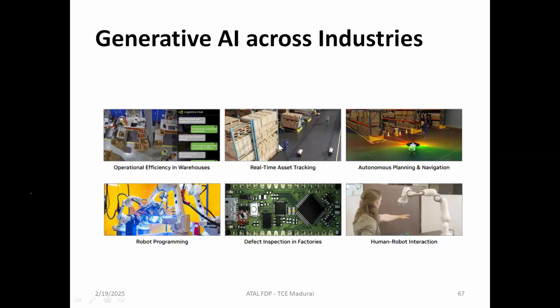If they would like to track any product or asset, they can make use of drones to capture the data here. Like this, we can make use of the transformer and Gen AI vision transformer for autonomous planning and navigation and human-robot interactions. Then defect inspection in factories.